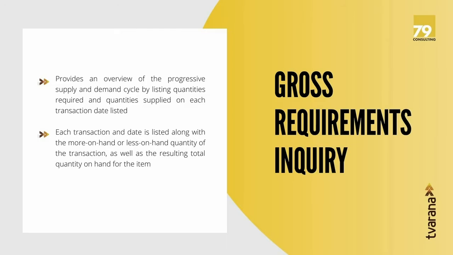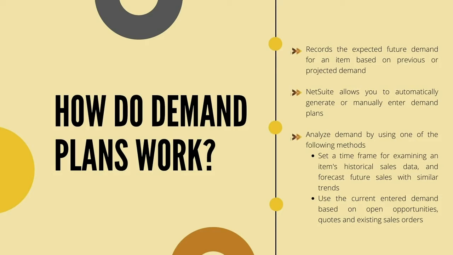So now that we've described a couple of the functions and options in the system, we'll quickly describe how demand plans work in NetSuite, as well as how supply plans work in NetSuite. On the demand plan side, a demand plan records the expected future demand for an item based on previous or projected demand to come.